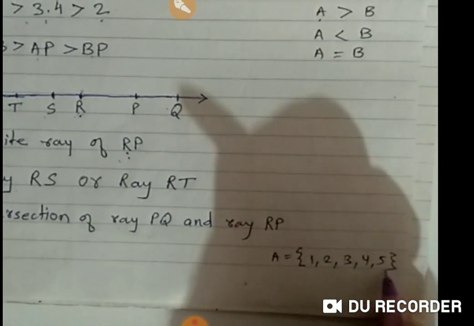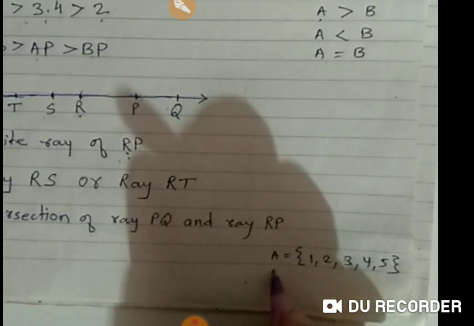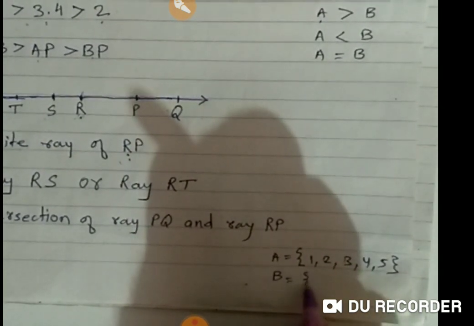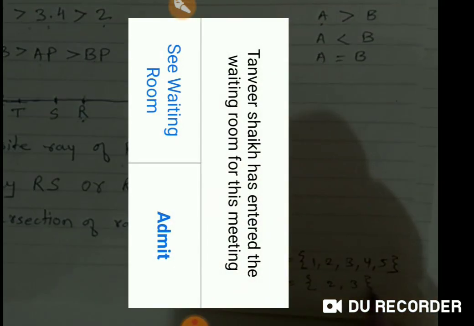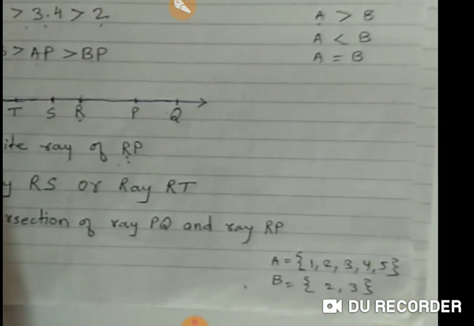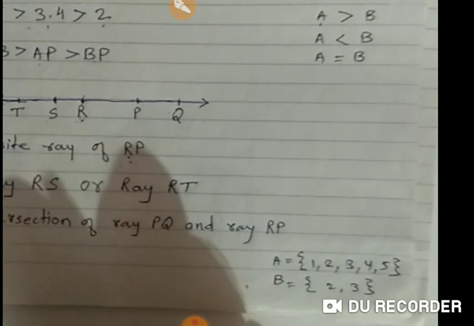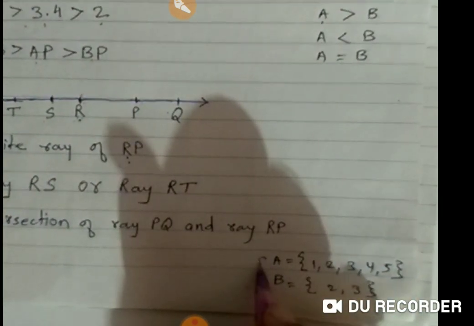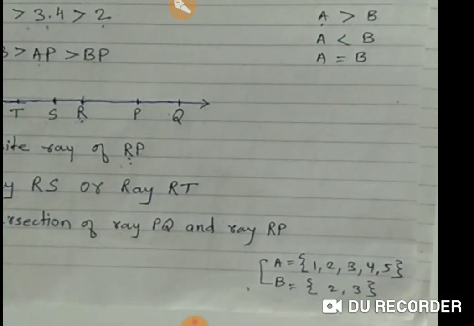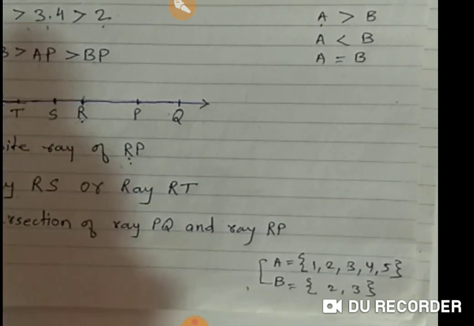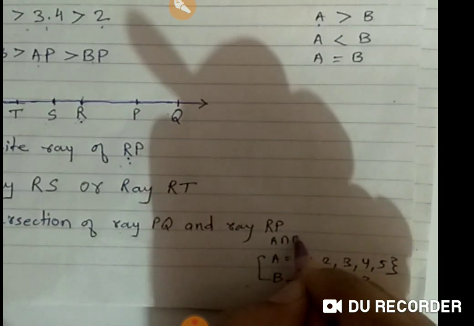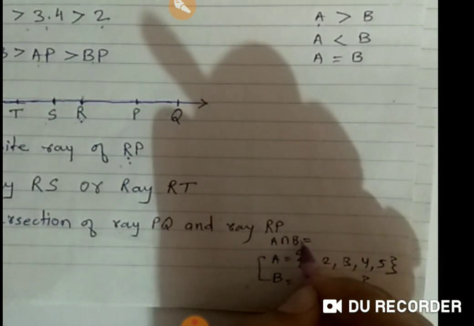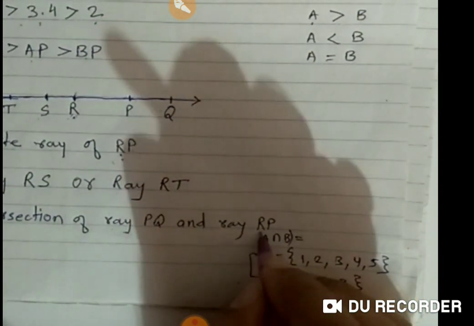So this is your set A. We have another set B where we have 2 and 3. In order to find the intersection of these two sets, A intersection B, in that set we will take the common elements.